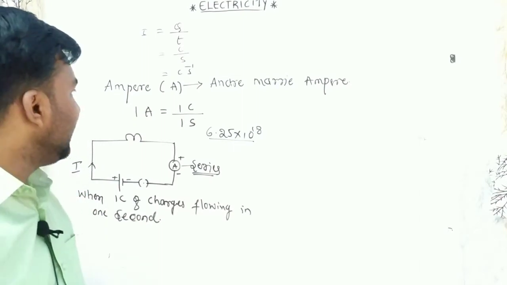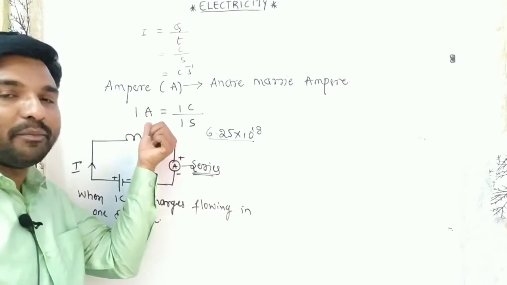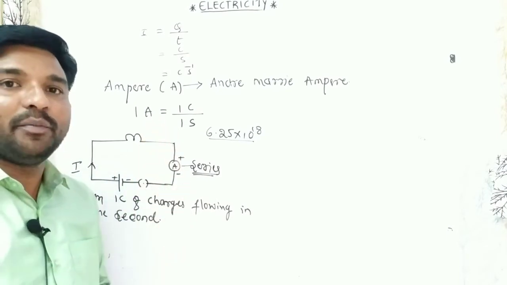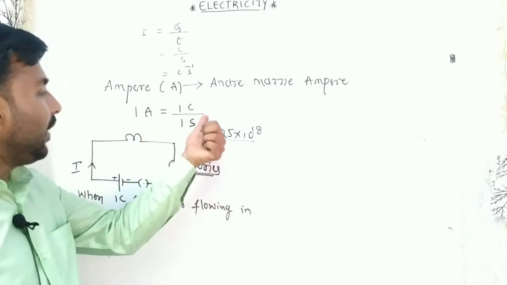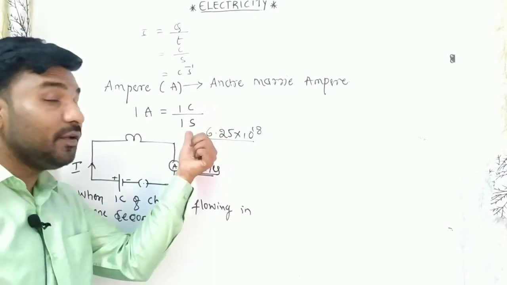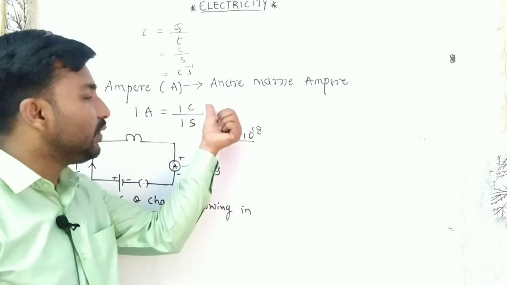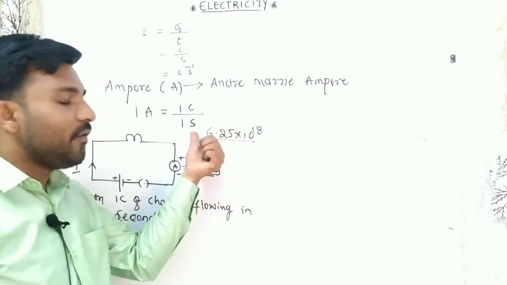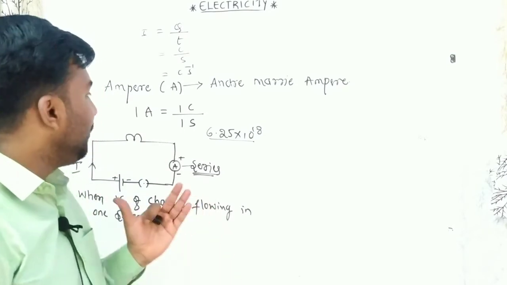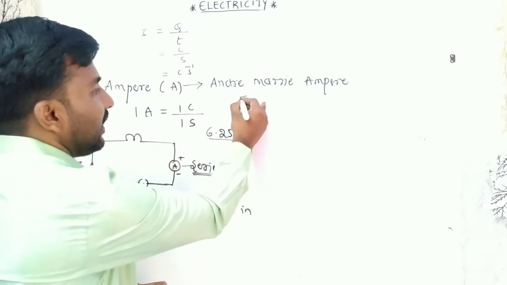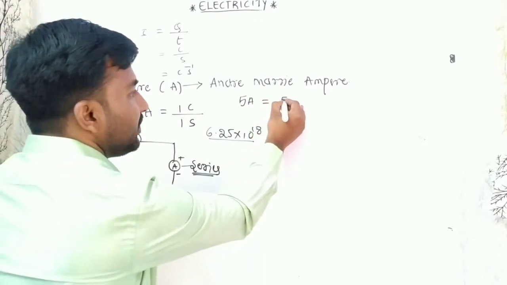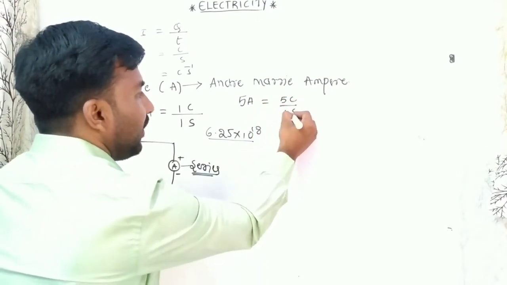Let us suppose the current is 2 ampere. What is the meaning of 2 ampere current? It means 2 coulomb of charge are flowing in 1 second. Similarly, 5 ampere current means 5 coulomb of charge are flowing in 1 second.